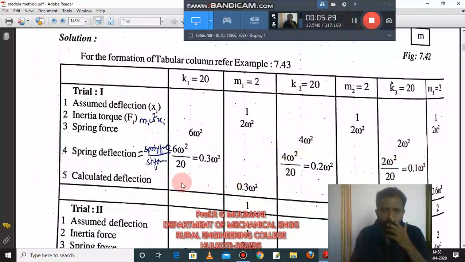Now you find the calculated deflection. For mass 1, only the spring deflection on its left side is there, 0.3 omega square. Similarly, for mass 2, the deflections on the left side, 0.3 omega square and 0.2, make 0.5 omega square. Similarly, for mass 3, on the left side, 0.3 plus 0.2 plus 0.1 is 0.6 omega square.